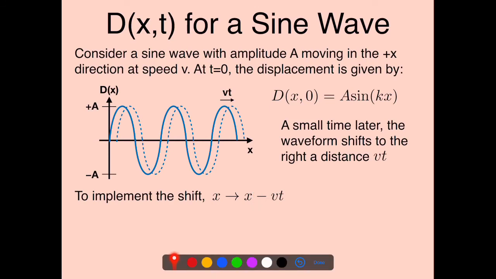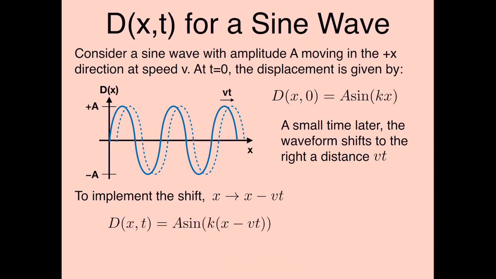If we were to shift it to the left, we'd have a positive sign here. But since we're assuming we're moving to the right, this would be x minus vt. So in other words, what we had previously was just A sine kx. Now we're going to have A sine k times the quantity x minus vt.